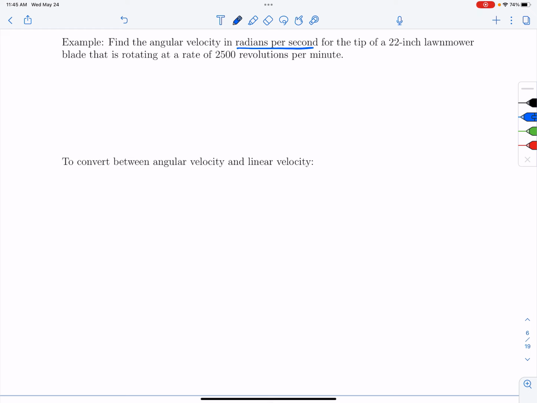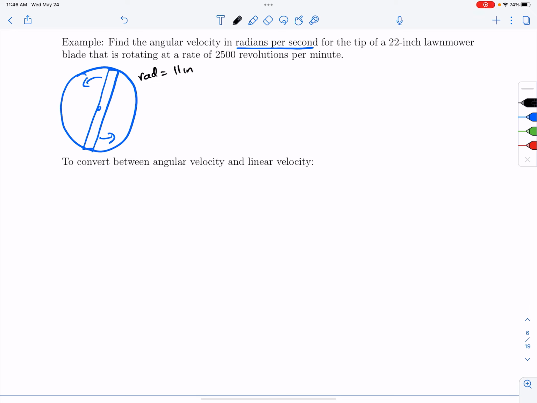So what's happening here is, here's the path of the lawnmower blade. Let me just do my best here. So we have a circle. Our lawnmower blade is here, and it's rotating. Let's say it's rotating in that direction. The length of the lawnmower blade is 22 inches, so that means the radius here is 11 inches.